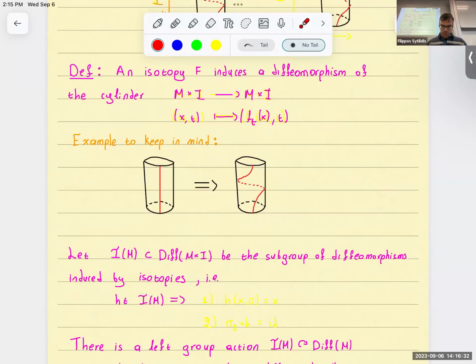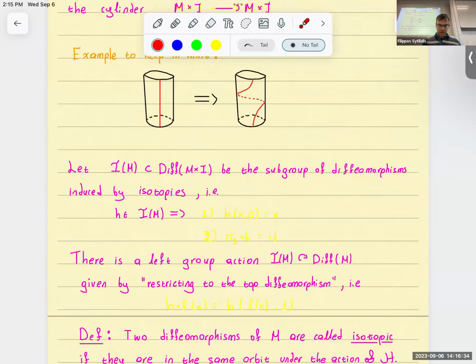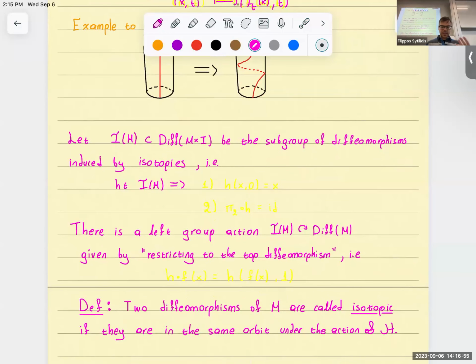Okay, so the next thing is that we want to talk about the collection of all isotopies on M. This is going to be denoted by I of M. It's going to be a subgroup of the diffeomorphism group of M cross I that's induced by isotopies. Namely, H will be a diffeomorphism of M cross I that satisfies two properties.